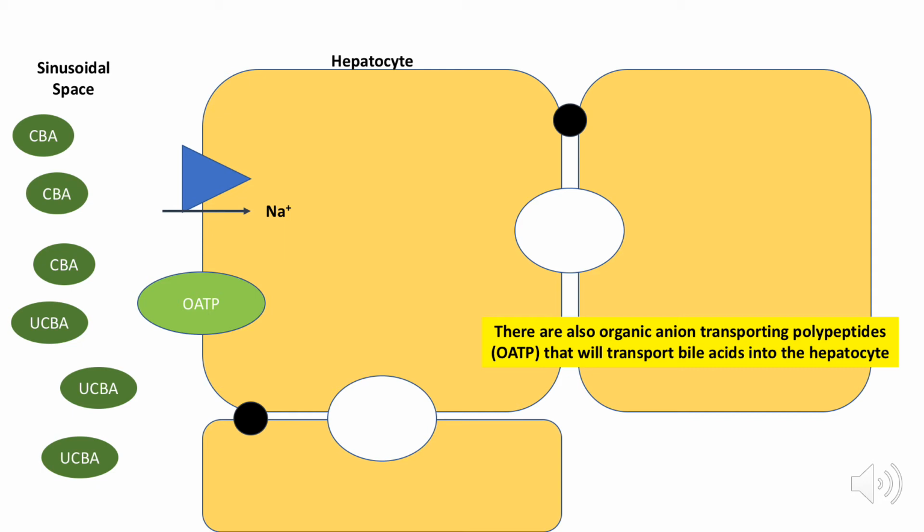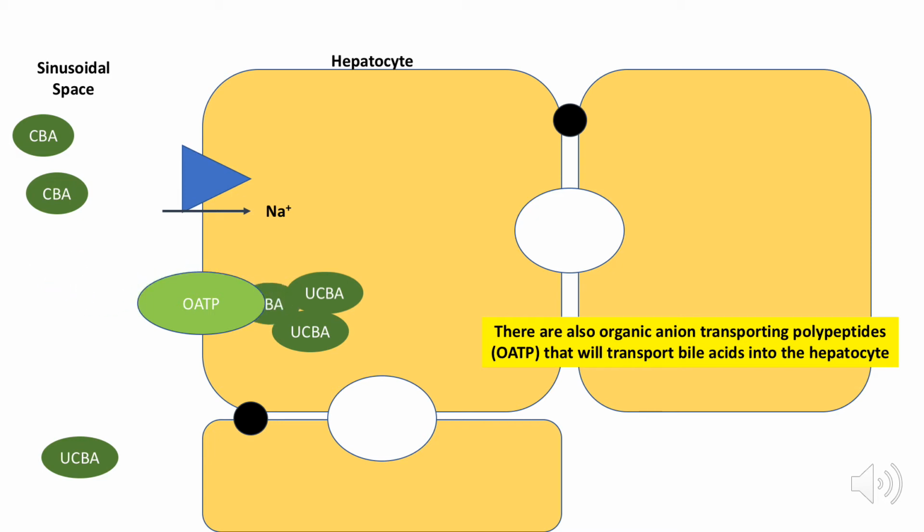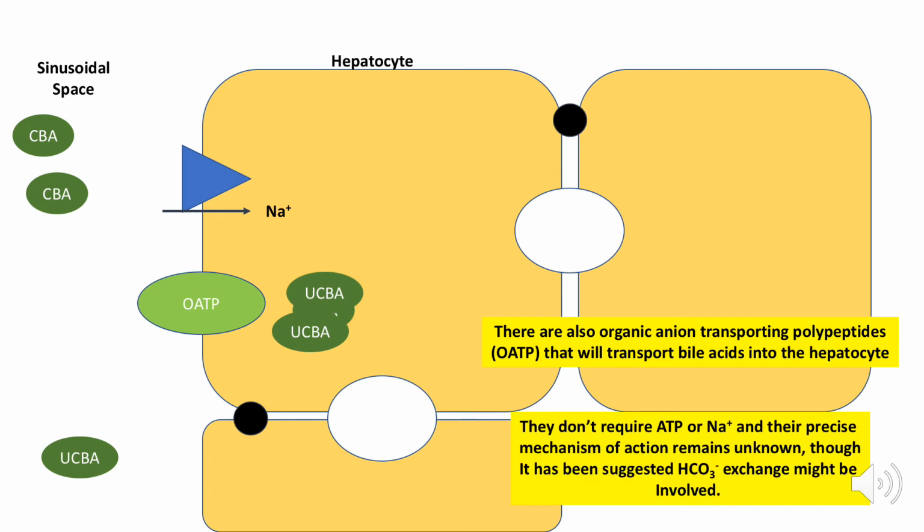hepatocyte. Now these seem to favour the movement this time of the unconjugated bile acids, and a greater proportion of the unconjugated bile acids will move into the hepatocyte via these organic anion transporting polypeptides. However, they're not exclusive. As well as this, they will also move in some of the conjugated bile acids too.